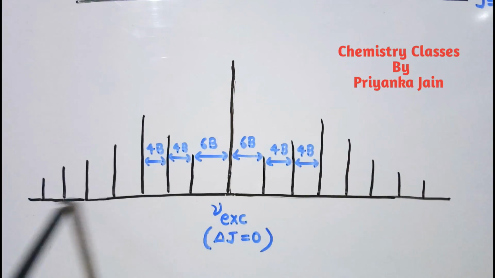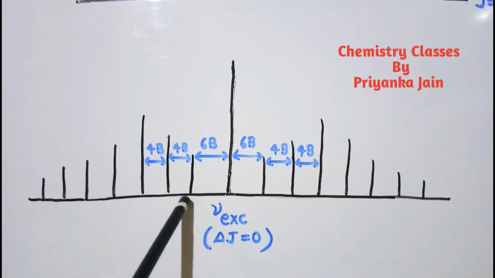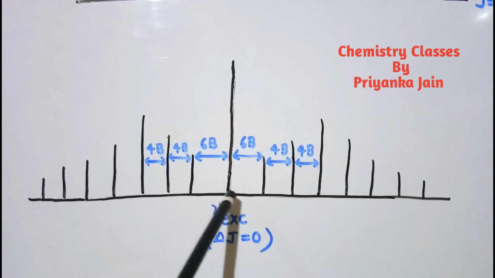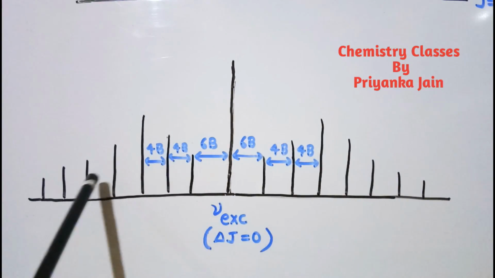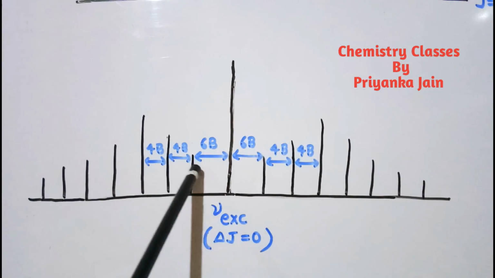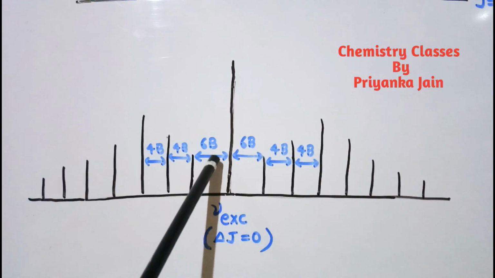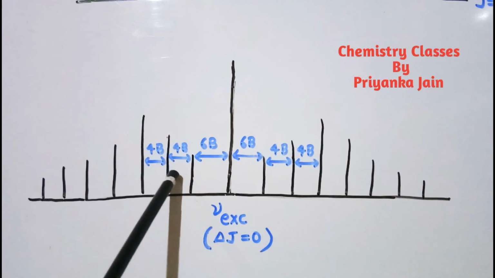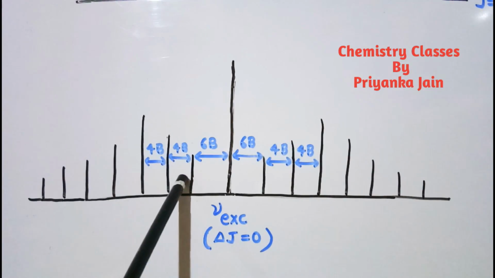Now on this side we get the Stokes lines. It means the frequency of these lines is lower as compared to that of the incident line. The separation of the first line from the middle is 6B centimeter minus 1, while that of the other lines is 4B, and all are equally spaced.